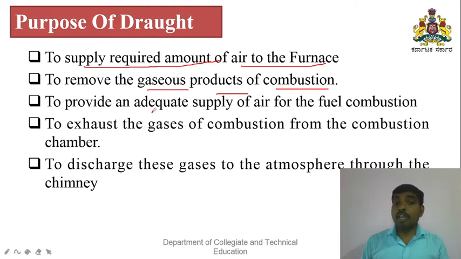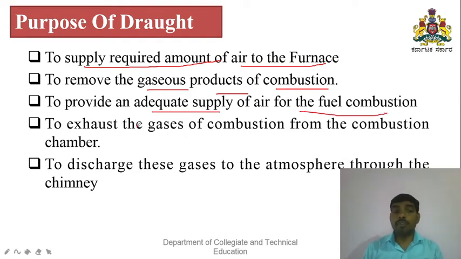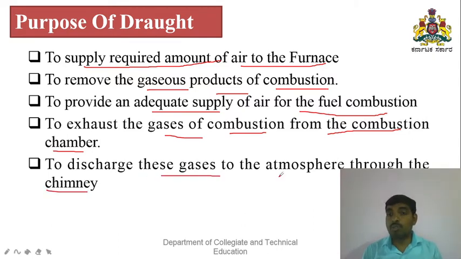It provides an adequate supply of air for fuel combustion and exhausts the gases of combustion from the combustion chamber, discharging them to the atmosphere through the chimney. These are the main purposes of a draught system.